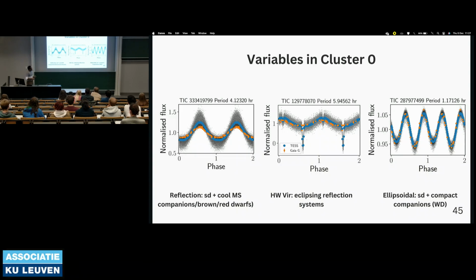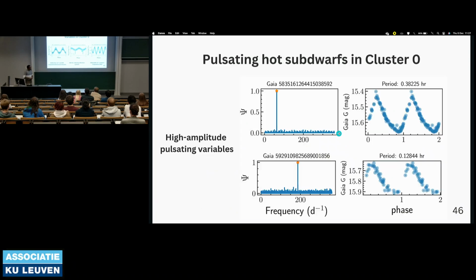So it is essential to have the TESS data to confirm this in such cases. Next, we can see an example of high amplitude pulsating variables. And these two objects are found in cluster 0, and these are also potential blue large amplitude pulsator candidates.